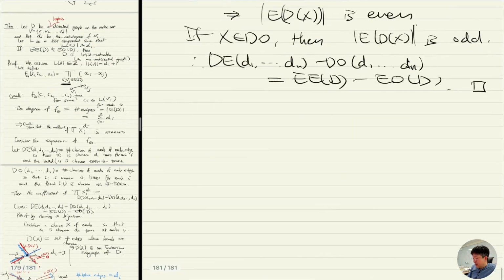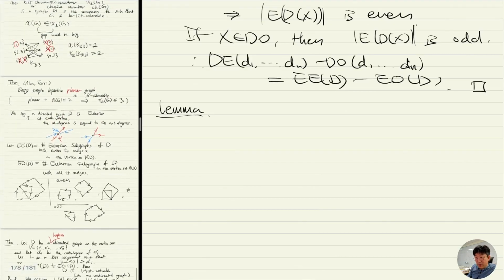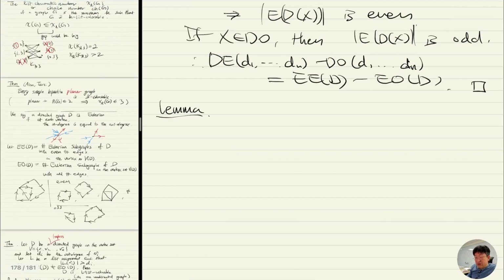Alright, now this is interesting, but now we want to prove it for bipartite graphs. And how do we prove it? Here's a lemma. Actually, planarity doesn't play a big role. What we actually care about is the density of the edges.